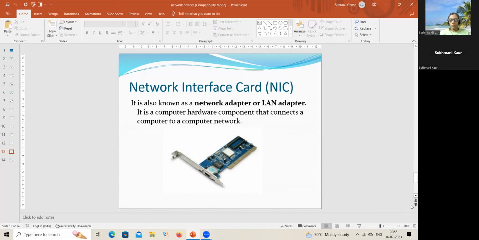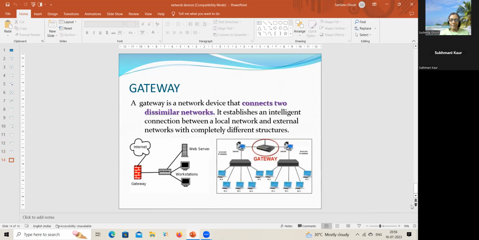That is what my modem and routers are meant for. And the last one, gateway. So a gateway works like connecting two dissimilar networks. To understand that, we can say that for one country, like India, there is one gateway, the BSNL.